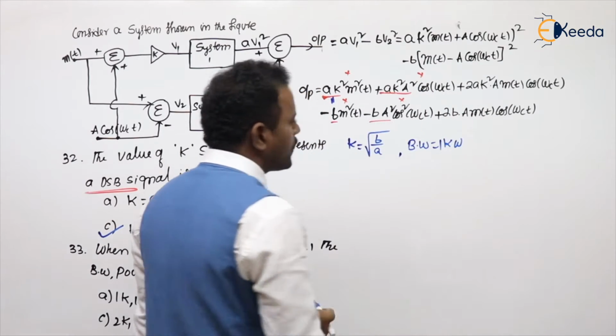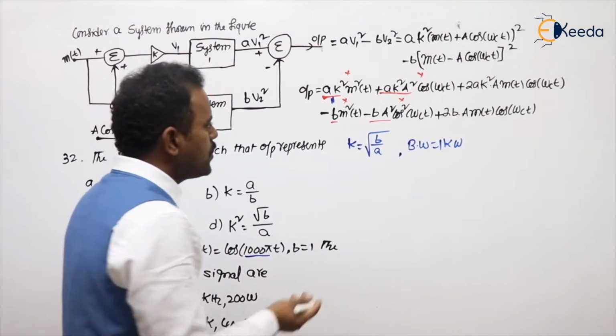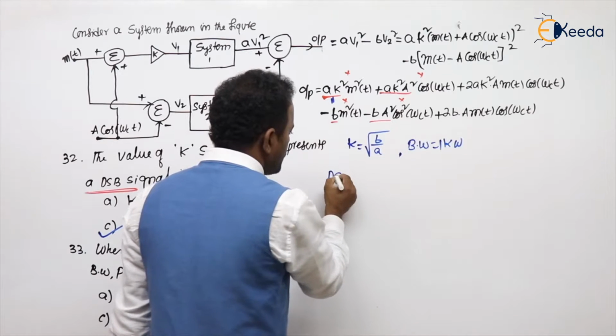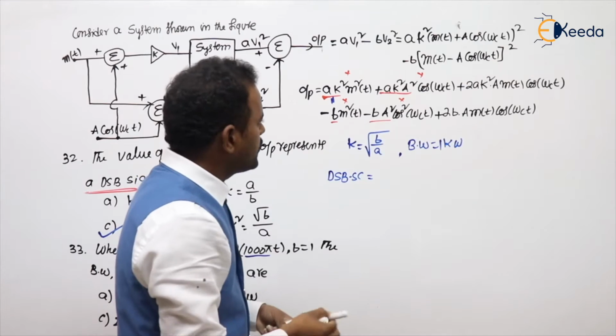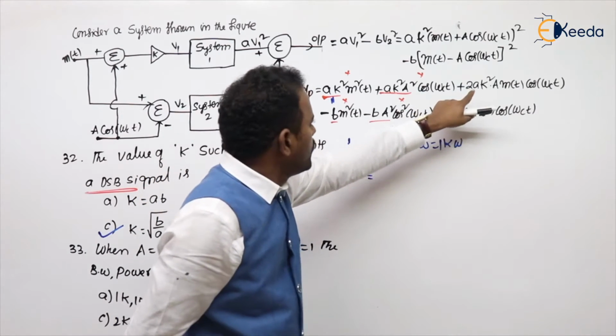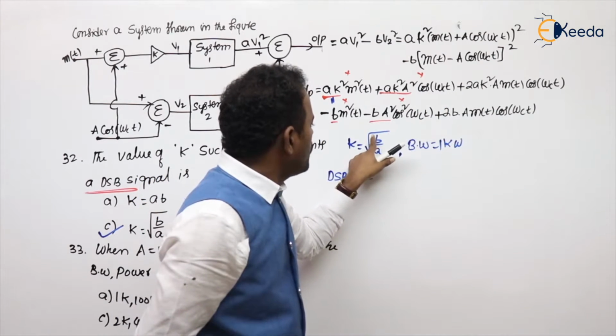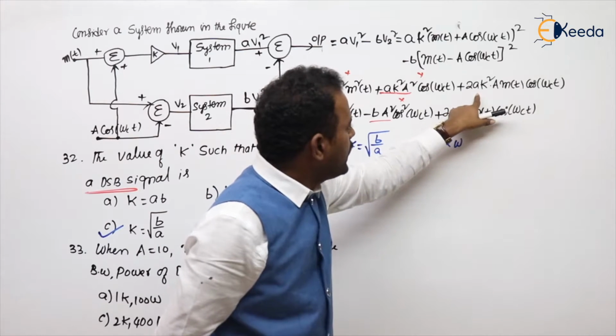But for power calculation we need the DSB expression. Substitute the K value: the square root of B by A is gone.